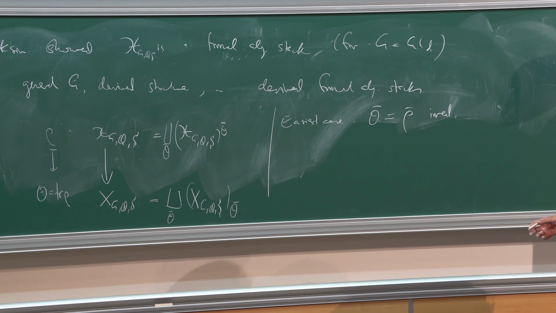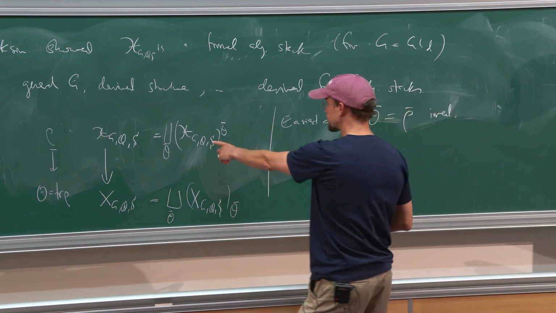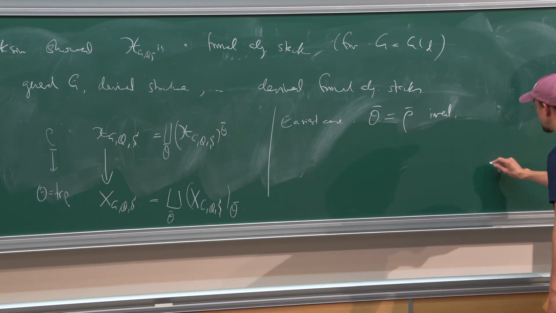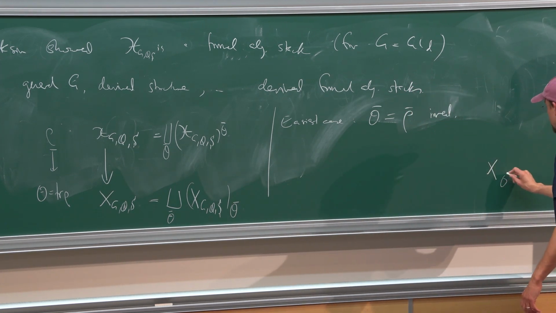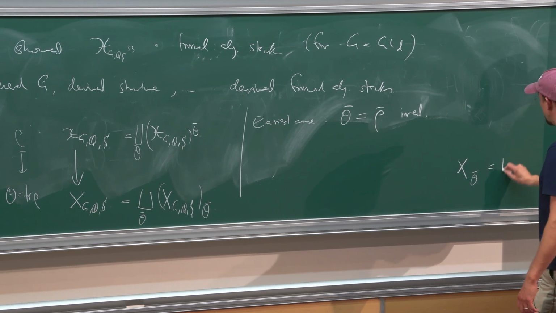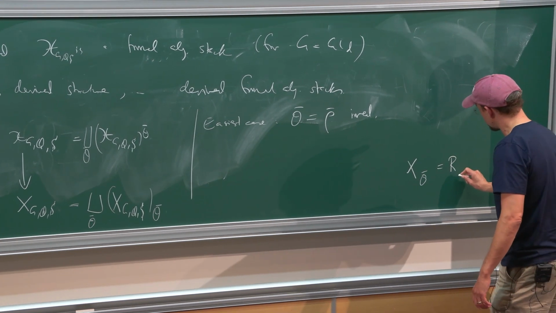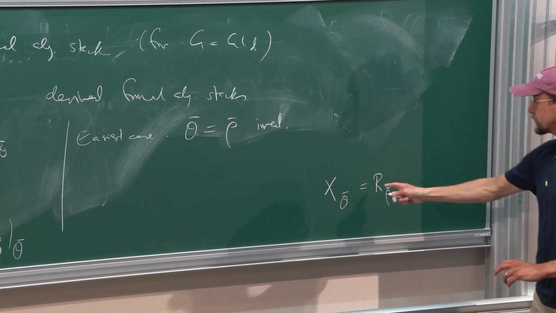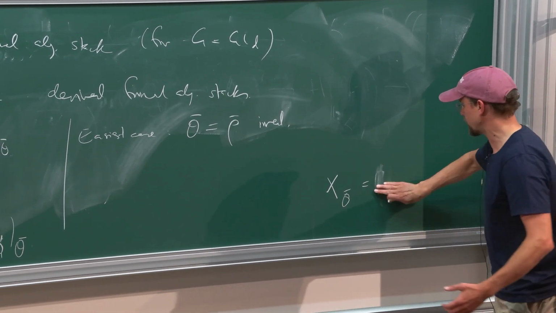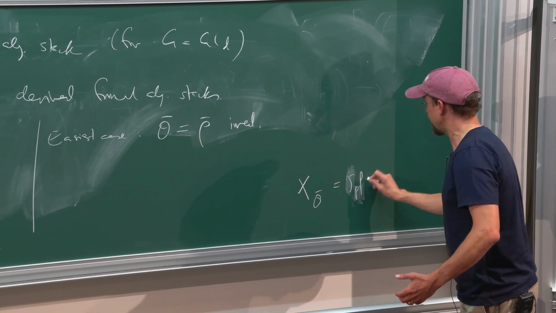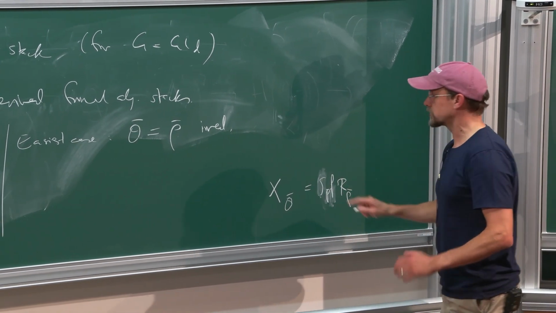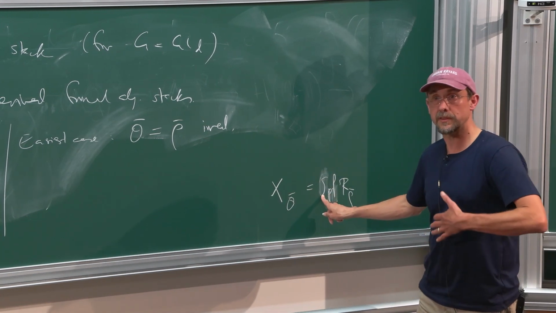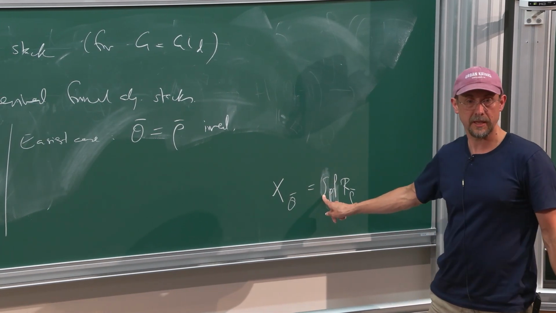So in this case, X theta bar would be the Spf of the universal deformation ring of this irreducible representation. That's what the deformations of the trace would be.